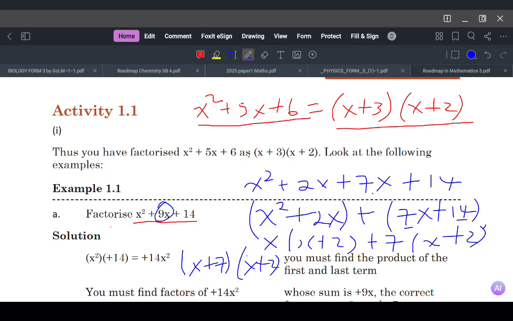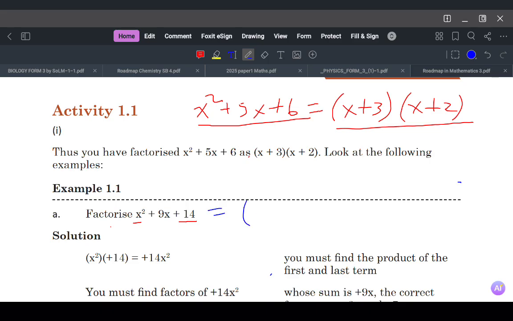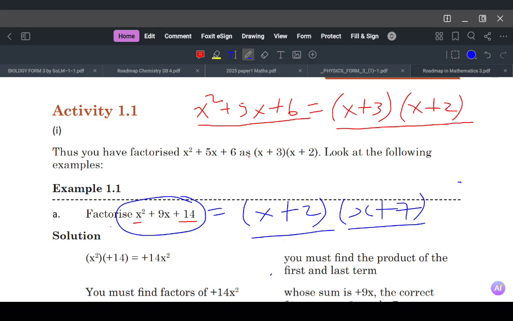All right, so we are saying when factorized, the expression now is going to be x plus 2, then x plus 7. So these are the factors of the expression x squared plus 9x plus 14.